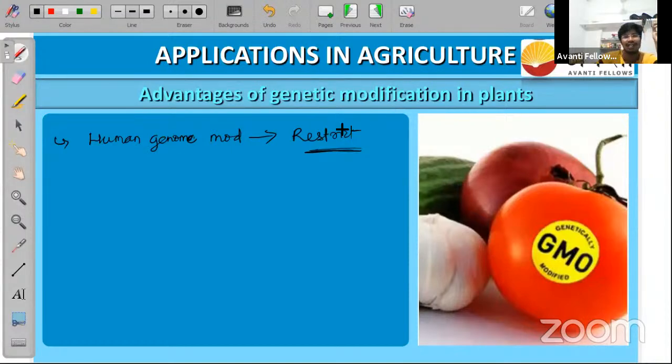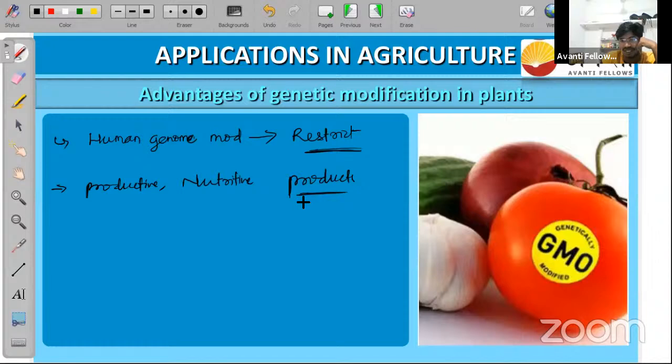Yes, the advantage is that we can produce more productive and nutritive products. That's why this is an advantage of genetically modified organisms.